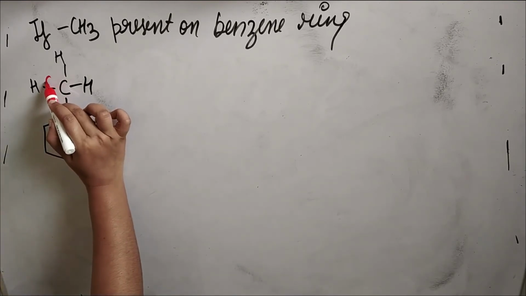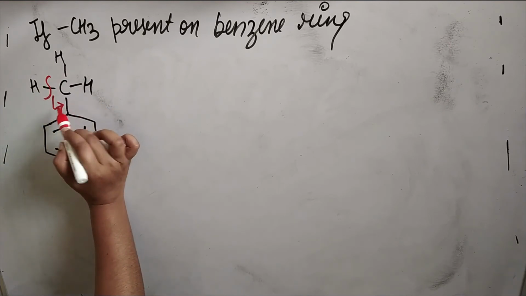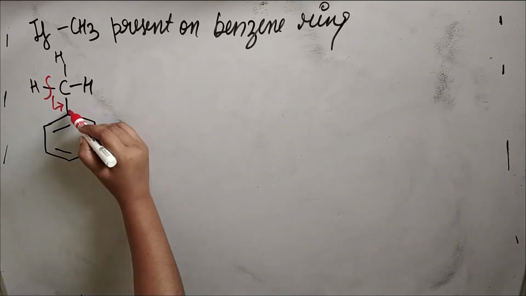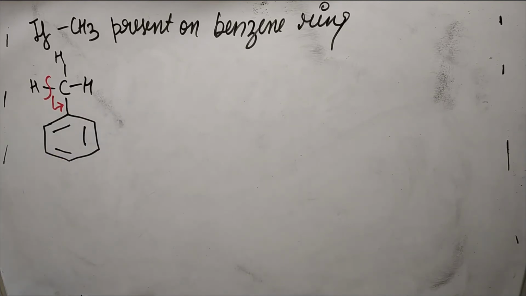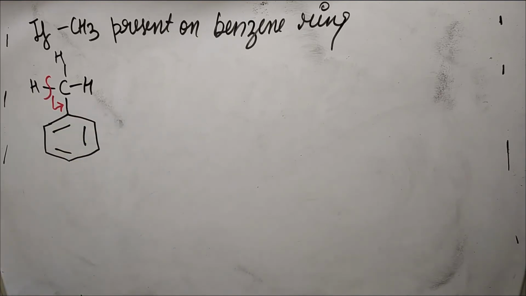Here this bond will break and the electrons will go to this carbon. That is called hyperconjugation, the movement of a sigma bond to form a pi bond, meaning a single bond breaks and those electrons are utilized to form a double bond. That is called the hyperconjugative effect. This effect is seen in methyl compounds.